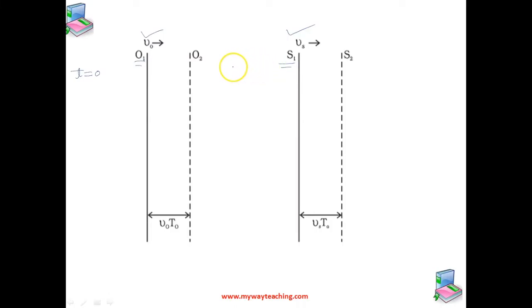O1 being to the left of S1, the source emits a wave of velocity v, frequency v0 and period T0, all measured by an observer at rest with respect to the medium.